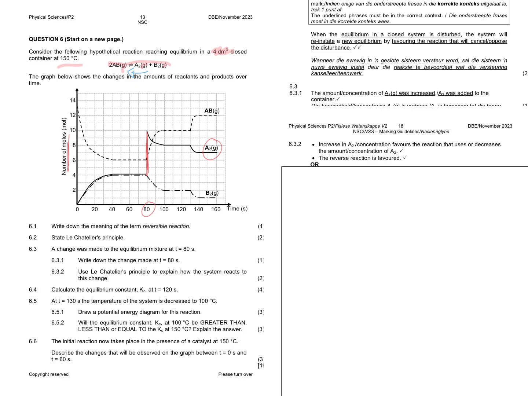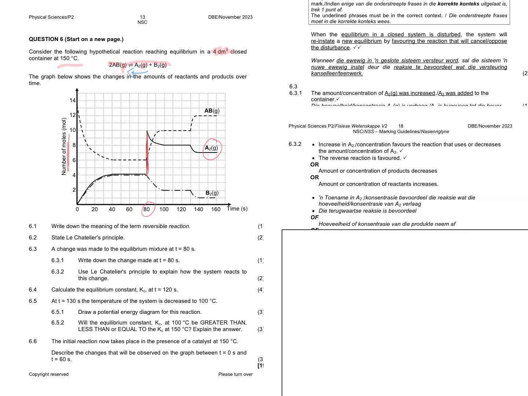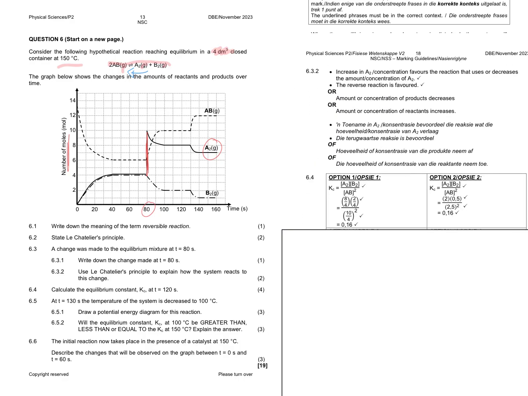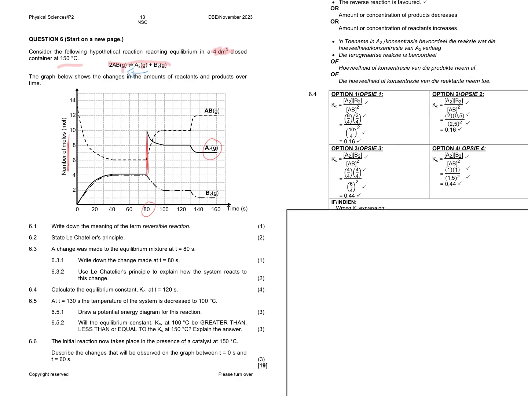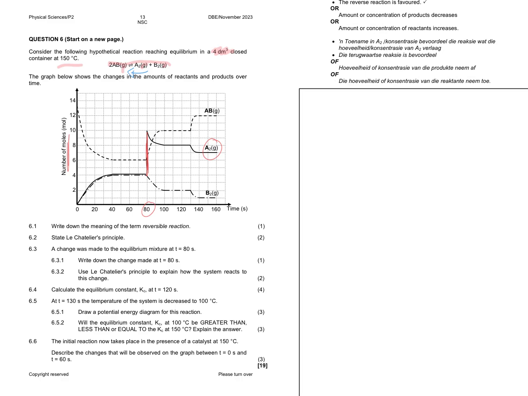So for 2 marks, you need to say that the reverse reaction was favored, and because A2 increased, they want to decrease the amount of A2. You can talk about it in terms of products and reactants as well. So if you say the amount of products increased, so therefore you want to increase the amount of reactants, so you favor the reverse reaction.